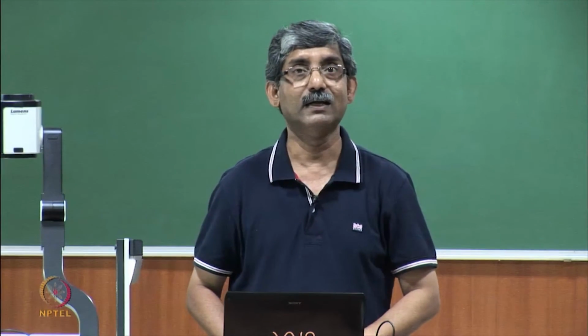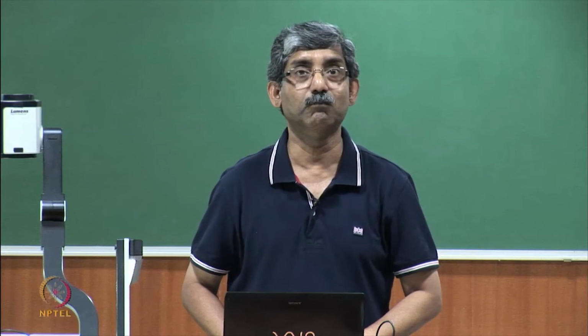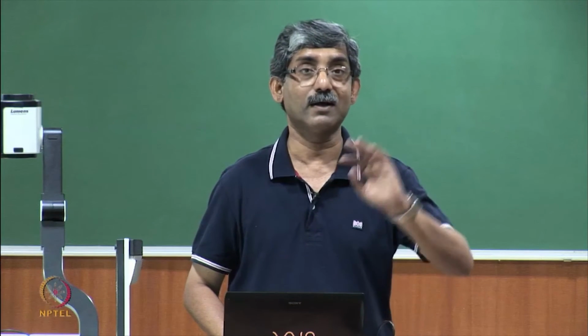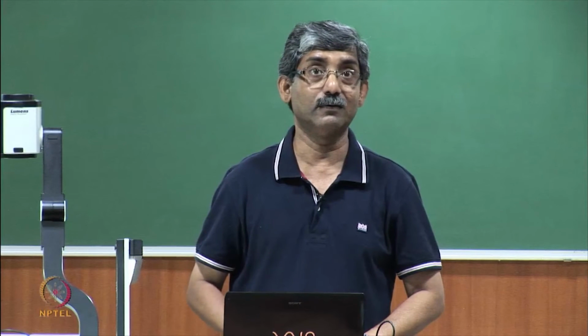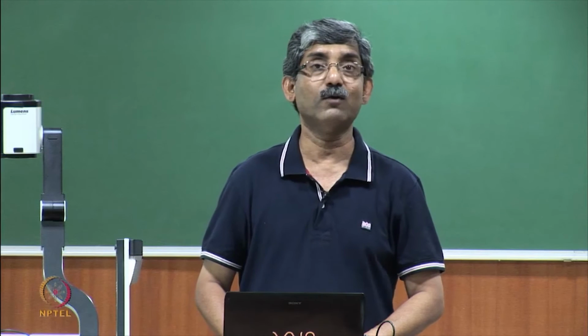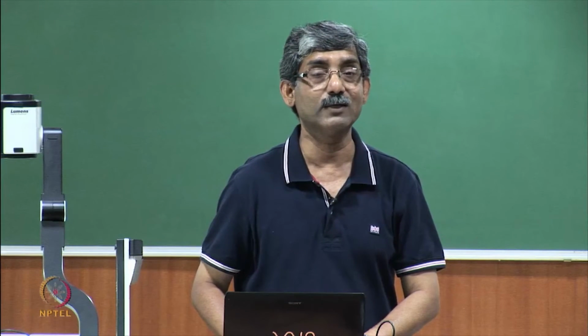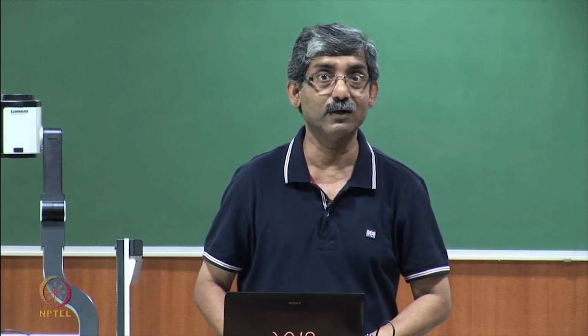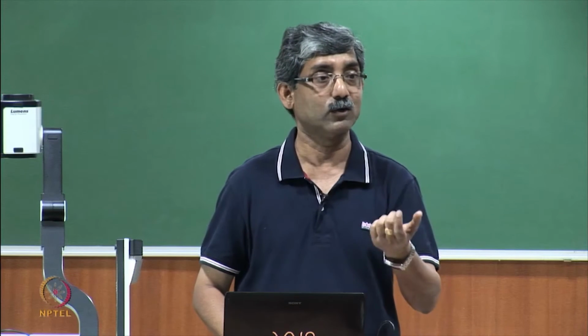Only thing is that in the earlier case it was a large sample, so the t value was taken based on the degree of freedom of infinity. Here we have to take the t value based on the degree of freedom 13 minus 1, that is 12.